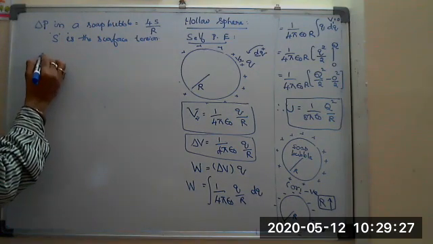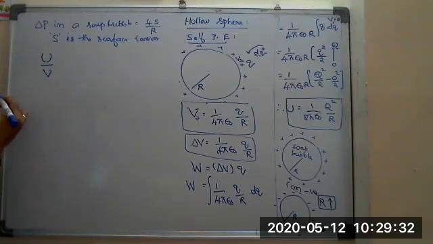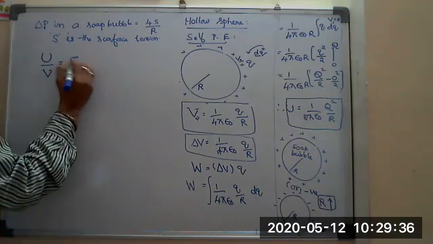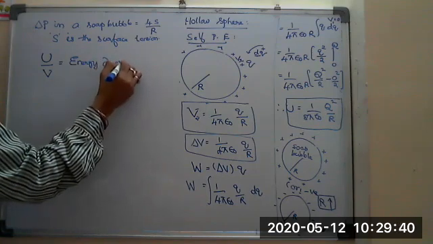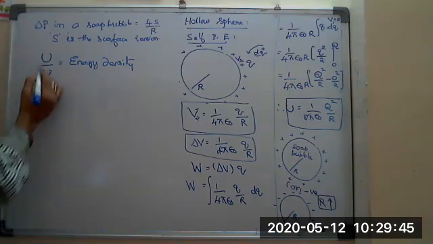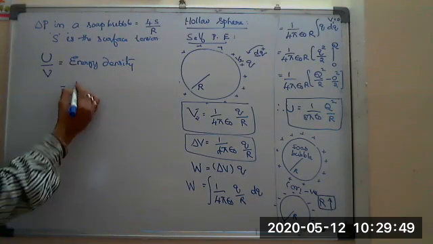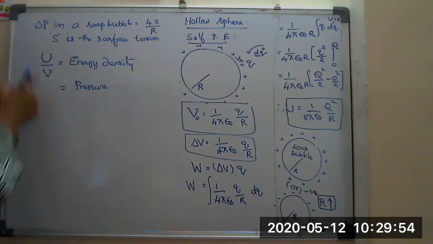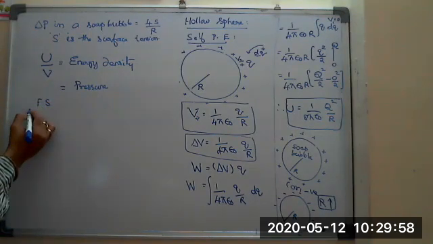For that, very simple. Suppose you take potential energy per unit volume, which is actually called energy density. That potential energy per unit volume is nothing but the additional pressure you are getting. Potential energy is force into displacement.